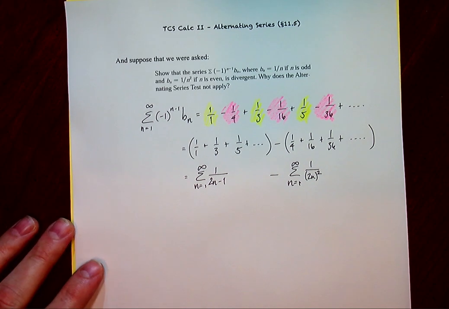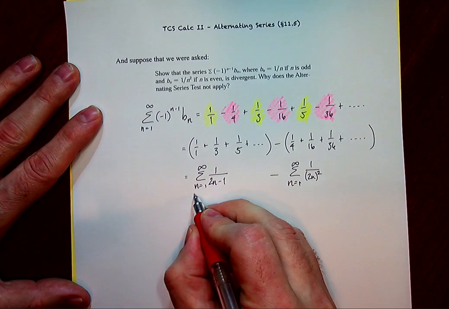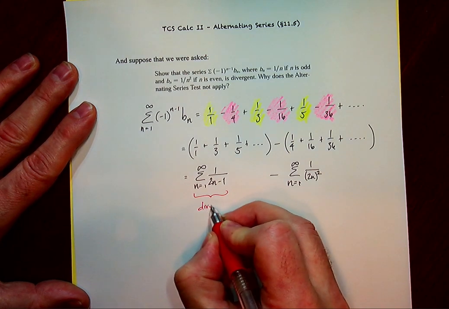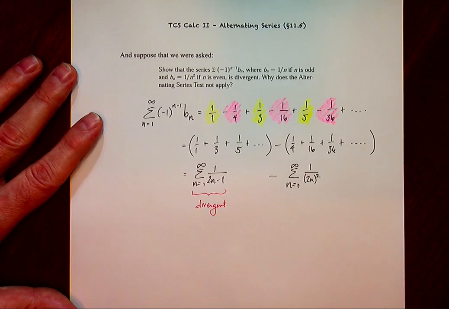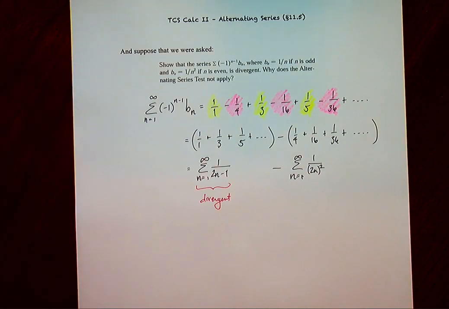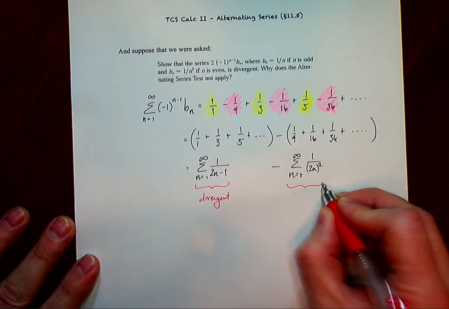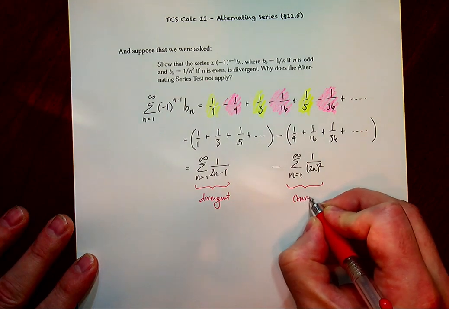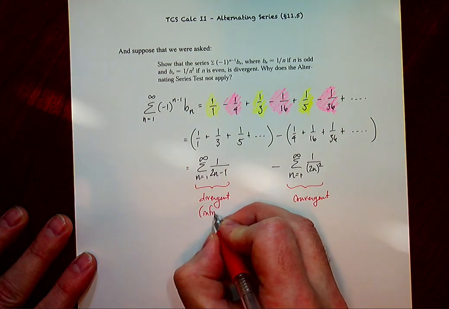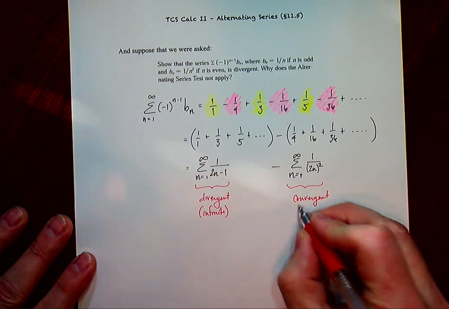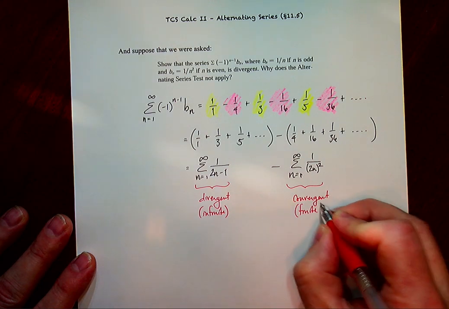Well, I got news for you. This right here is divergent, and you can show that because it's comparable to the harmonic series. This right here is a p-series. It is convergent. Now, things are divergent because they're infinite, and things are convergent because they're finite.